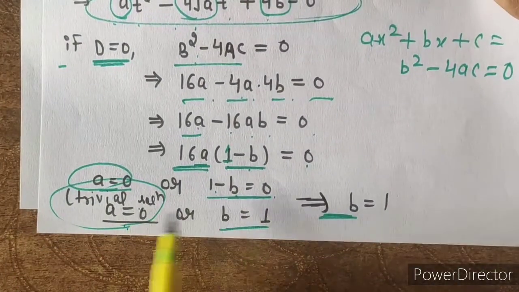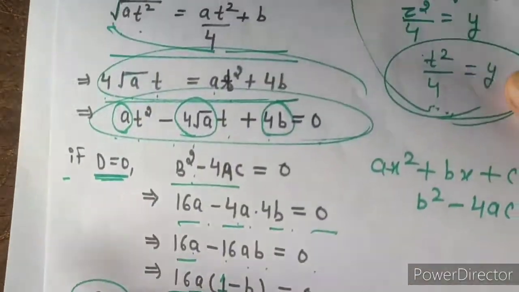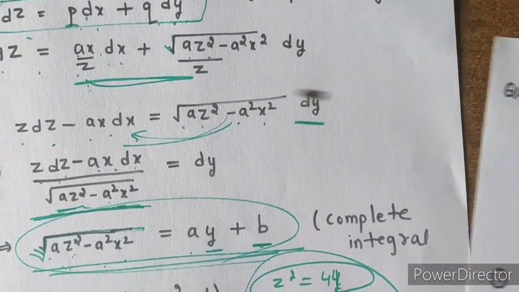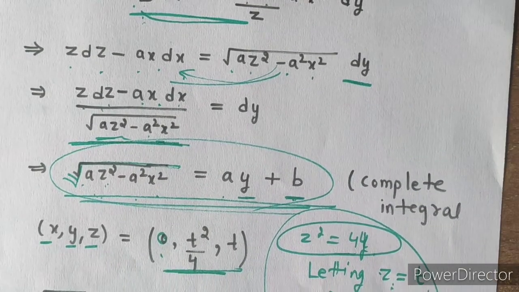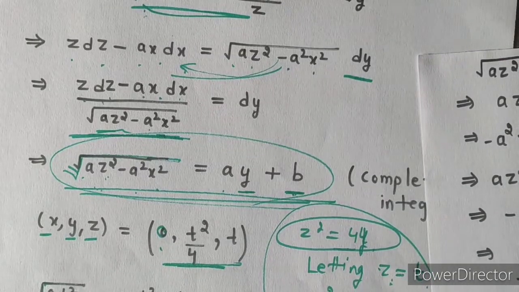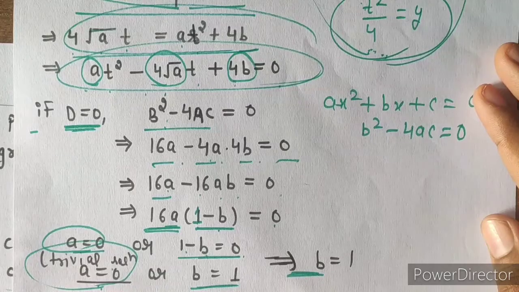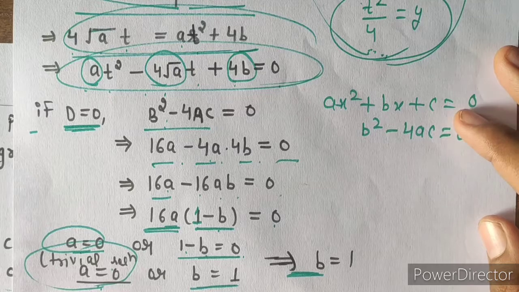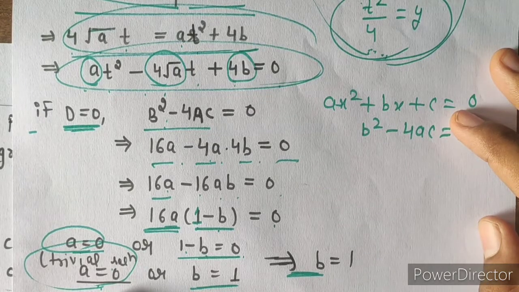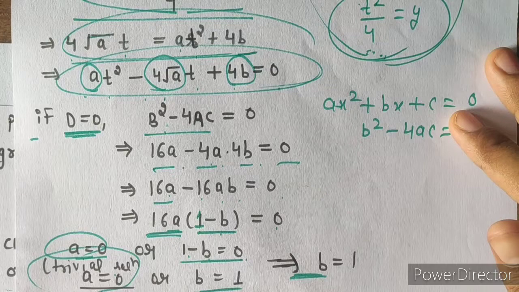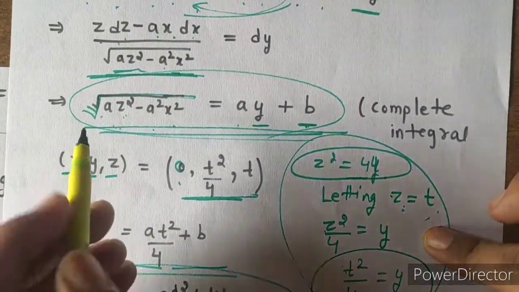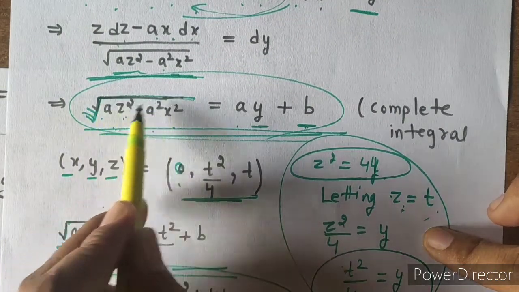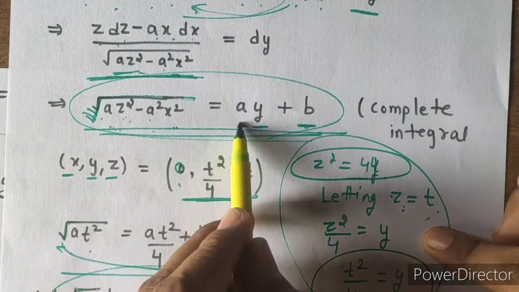After calculating the value of A and B, we put them in the complete integral, square root of (a z square minus a square x square) equal to ay plus b.